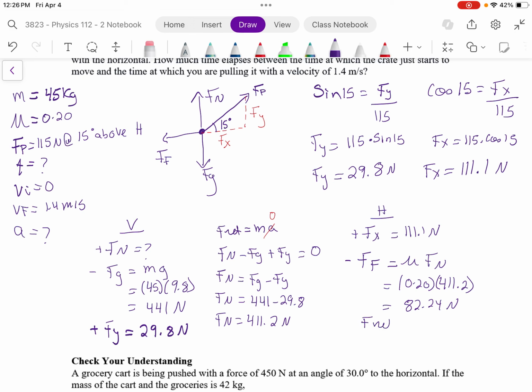Now we're going to do our Fnet equals ma. Fnet is made up of Fx minus Ff equals ma. We're going to fill it in. Our Fx is 111.1 minus our frictional force of 82.24, and that equals the mass of the crate times the acceleration.